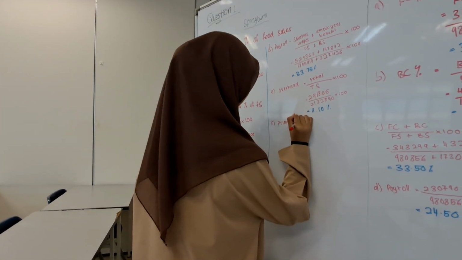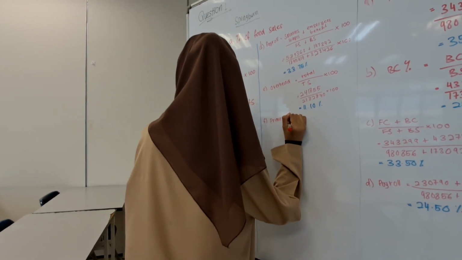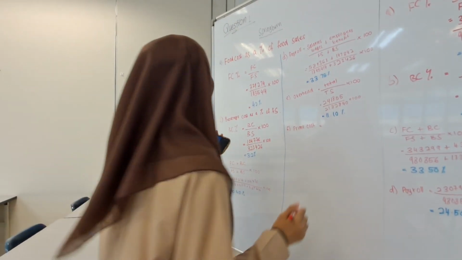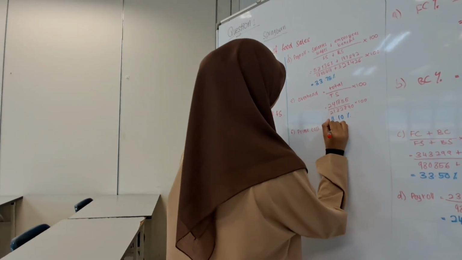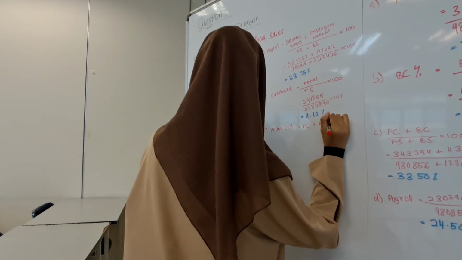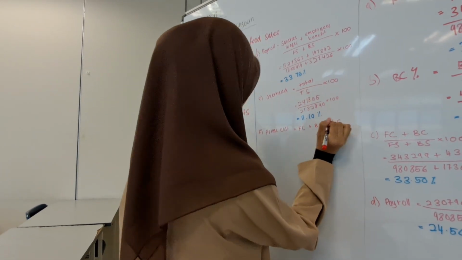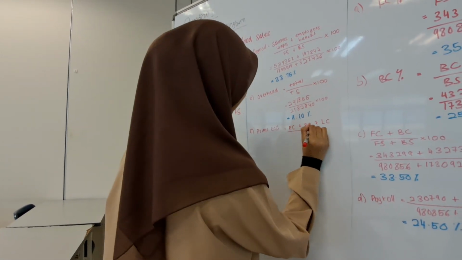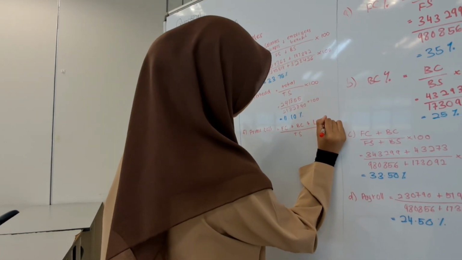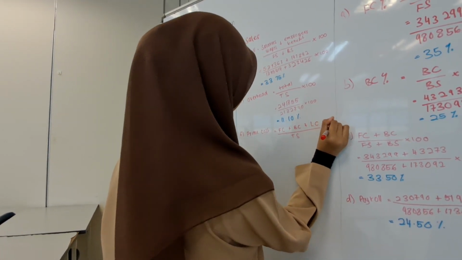Prime cost. To find a prime cost, the formula is food cost plus beverage cost plus labor cost divided by total sales multiplied by 100.